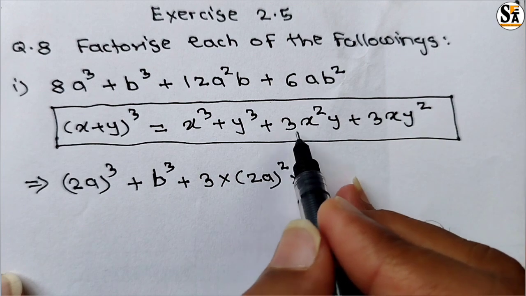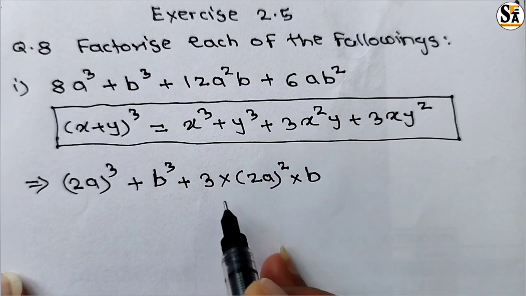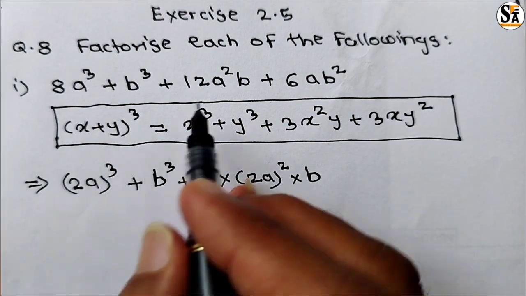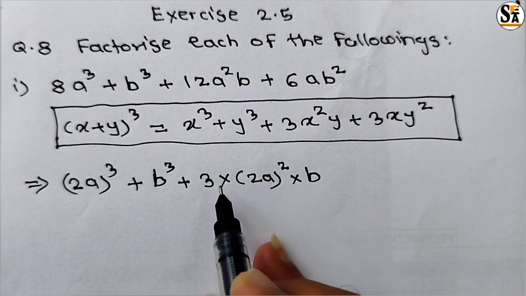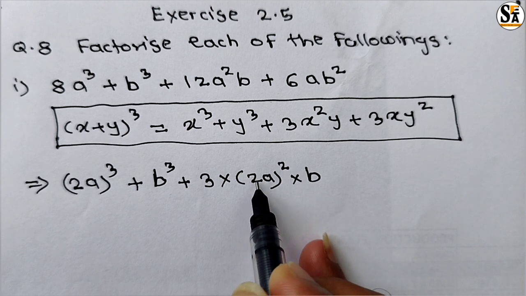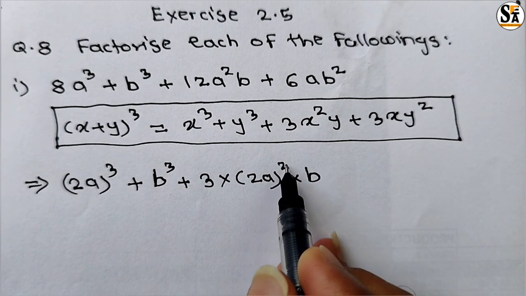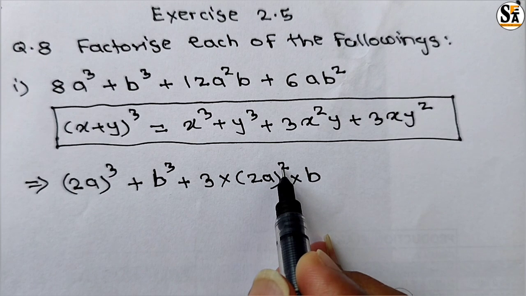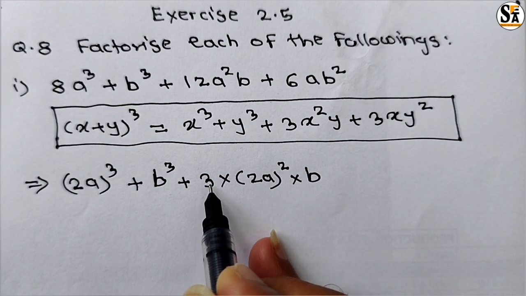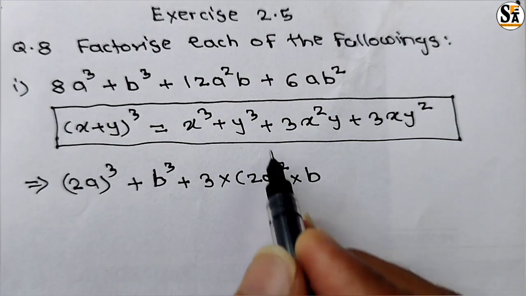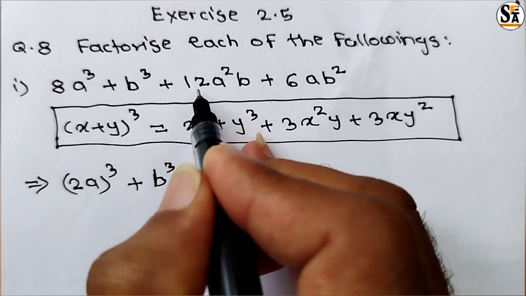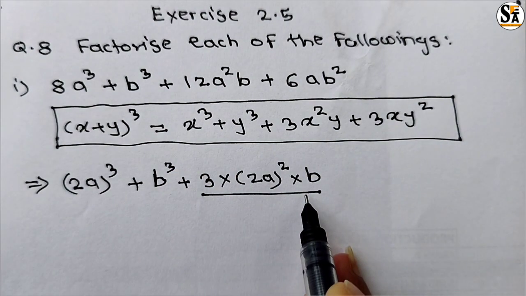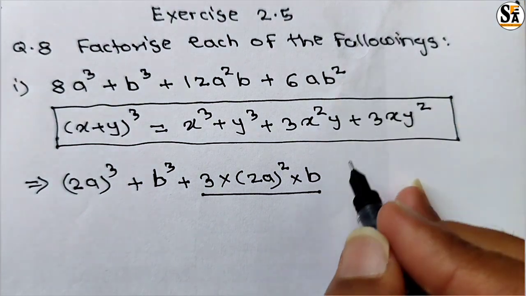We have converted this term into the format 3x square y. If we take the square of 2a, it will be 4a square, and 4 into 3 is 12, then a square and b will be there. So we have converted 12a square b into this format.